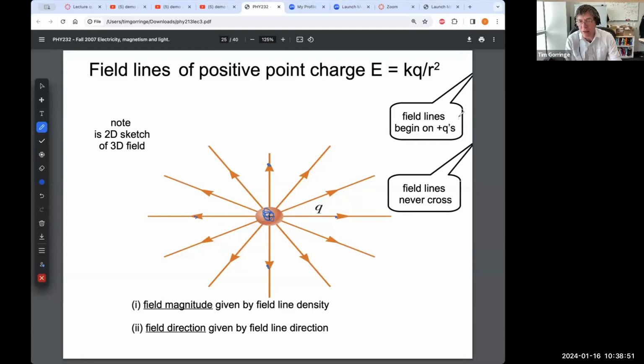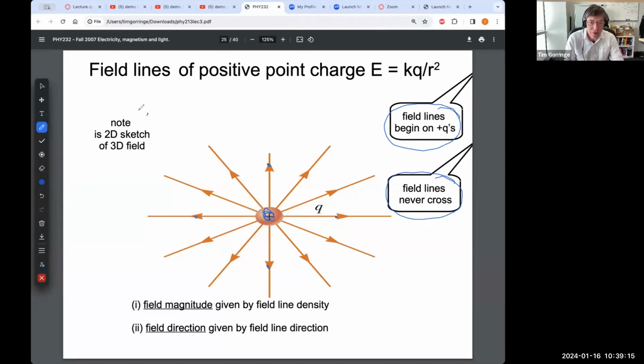Just a couple of remarks here. Field lines always start on positive charges. You can never start a field line just in free space. It has to start on a positive charge. And the second point, field lines never cross one another. They will never cross one another because it would be ambiguous as to which direction the field would be. So those are two rules.